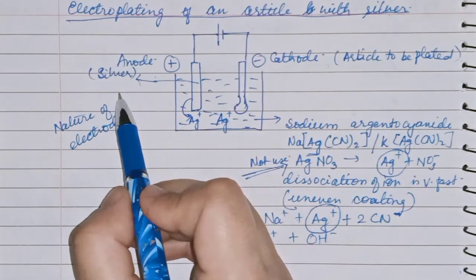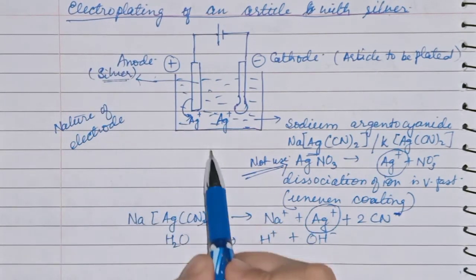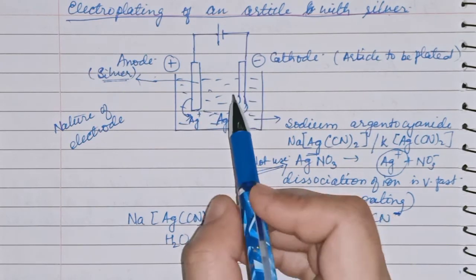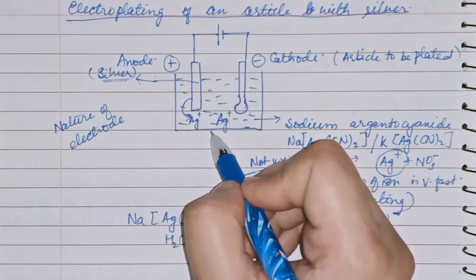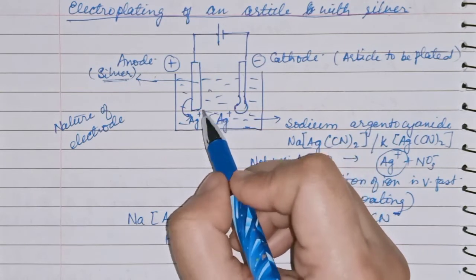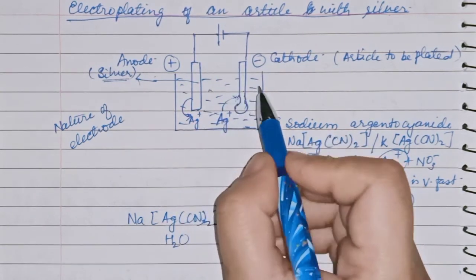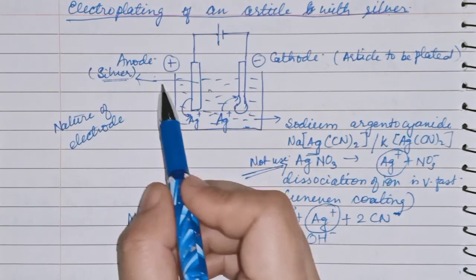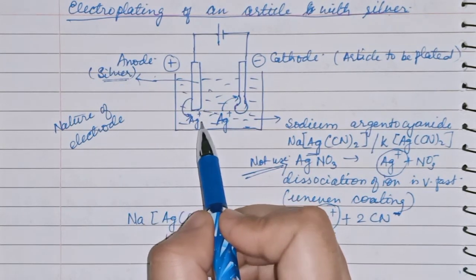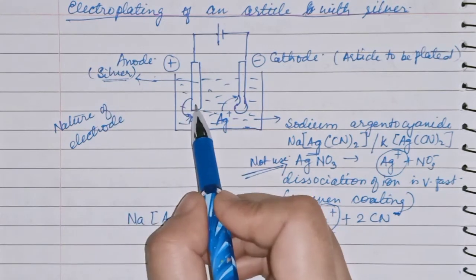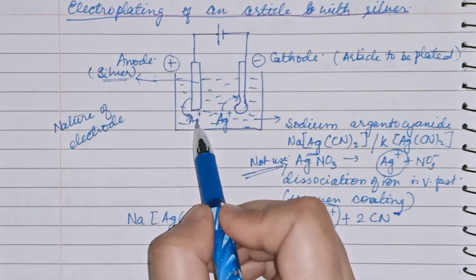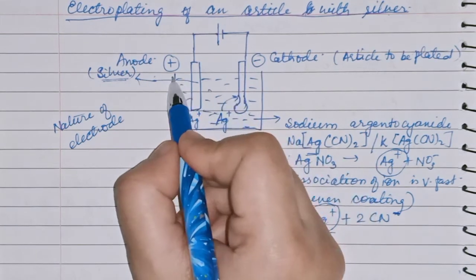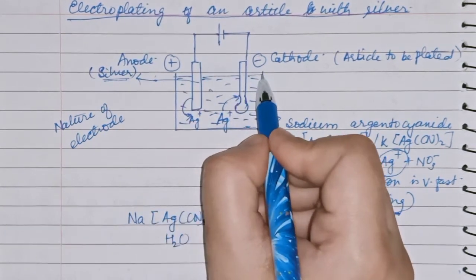Here also silver, in the solution also silver is there. So when electric current passes, the Ag plus ion from the electrolyte will get deposited on the spoon, but at the same time the anode will break down into Ag plus ions, and it will maintain the concentration of silver ion in the solution.